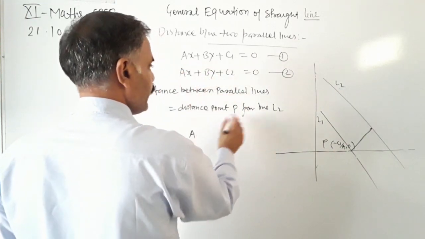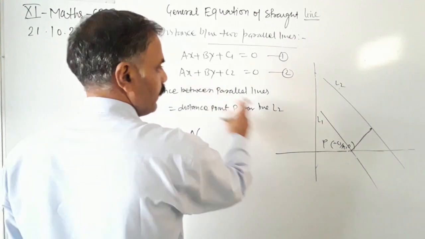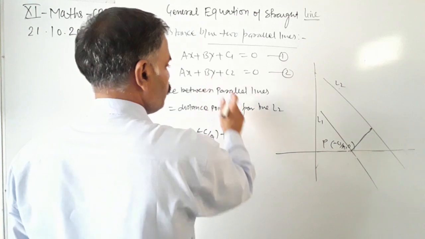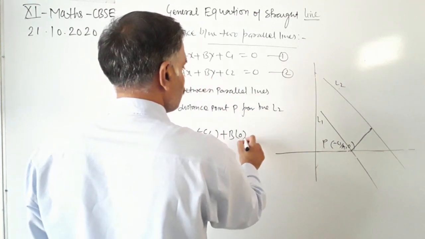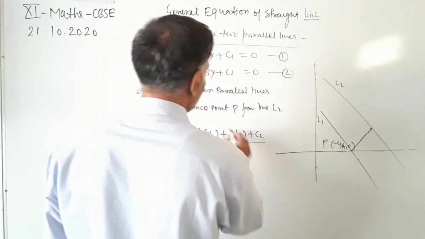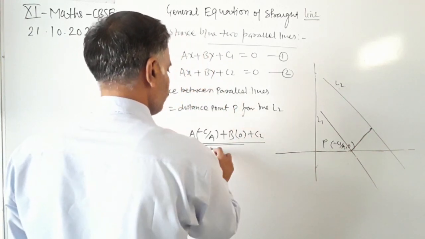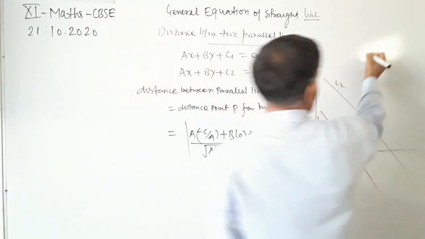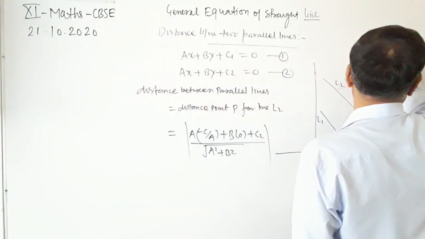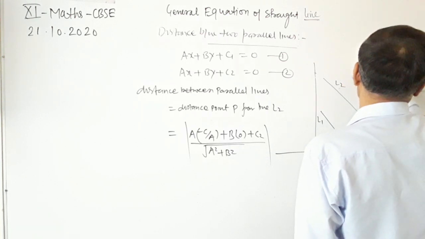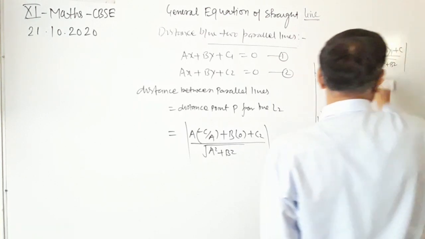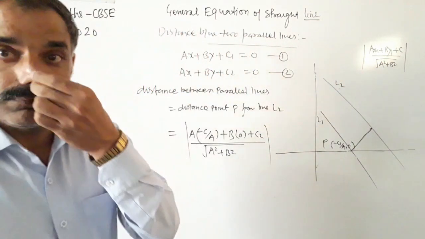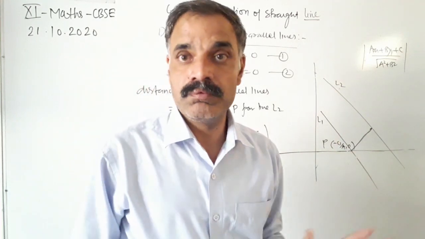So a into x1, x1 is minus c1 upon a, plus b into y1, which is 0, plus c2, upon under root a square plus b square. This is the formula for the distance of a point from a line, ax1 plus by1 plus c upon under root a square plus b square. We have recently proved that formula.